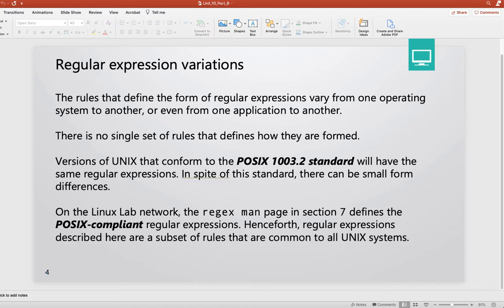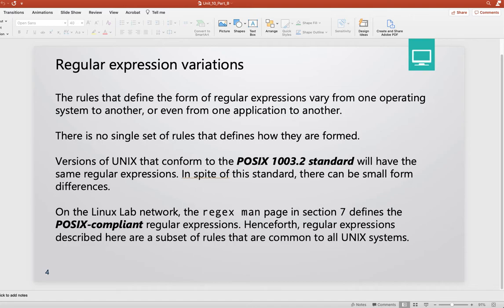The rules that define the form of regular expressions vary from one operating system to another, or even from one application to another. There is no single set of rules that define how they are formed. Versions of Unix that conform to the POSIX 1003.2 standard will have the same regular expressions.